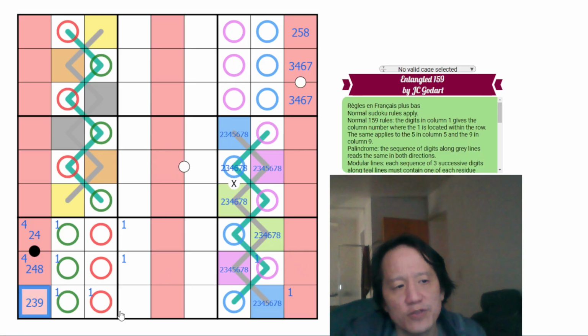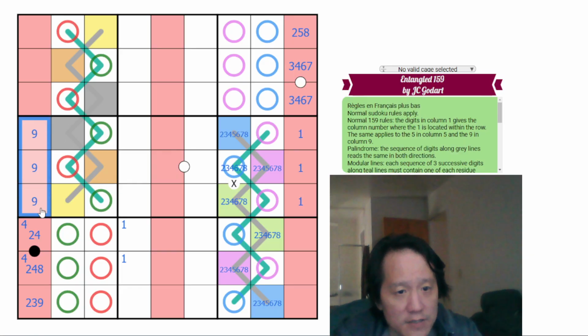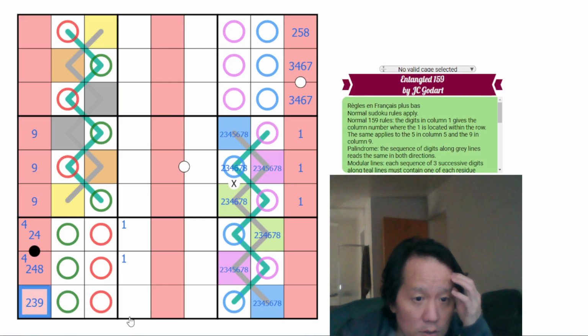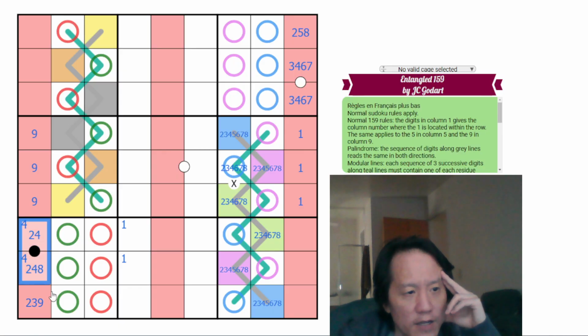Okay, it cannot be 3 in that instance then. So assume the 1 is here, one of those 3. That means the 9 has to be here, which means it cannot be 2, 4, 8. Okay, yeah, if this is 2, this is 4 and 8. Okay, so that's right out then.